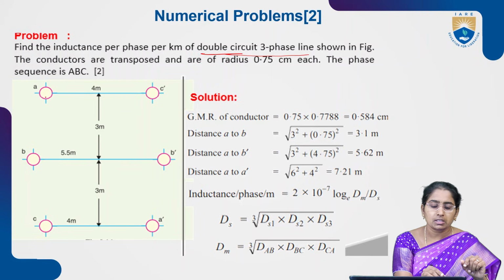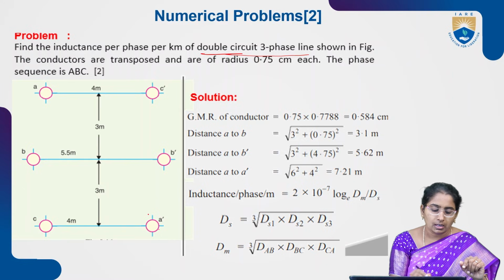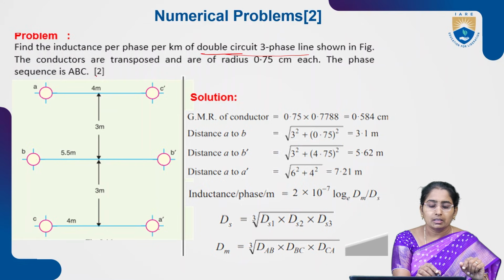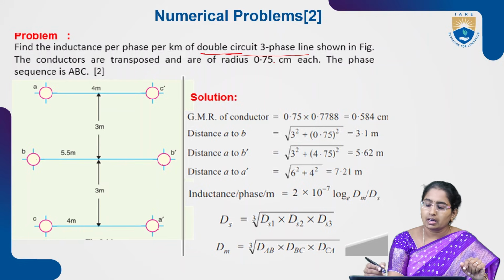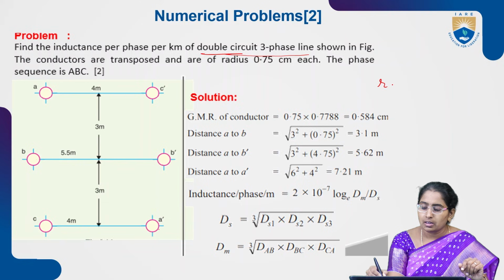Double circuit means each conductor has another conductor: A has A dash, B has B dash and C has C dash. The distances between them are given like this. The radius of the conductor is given as 0.75 centimeter.